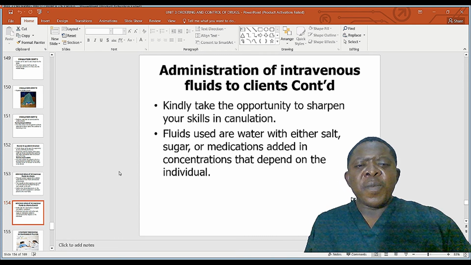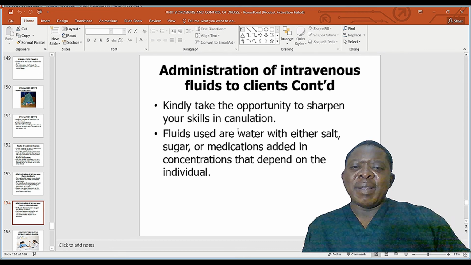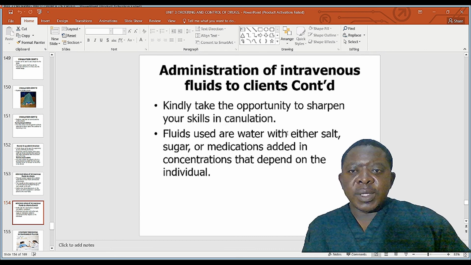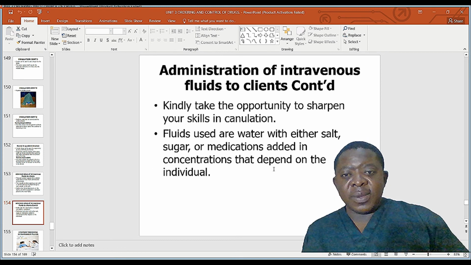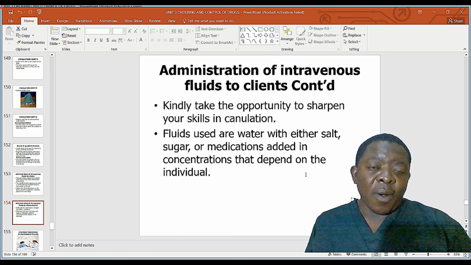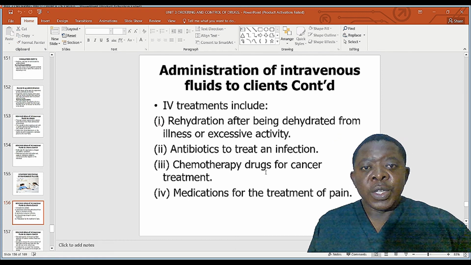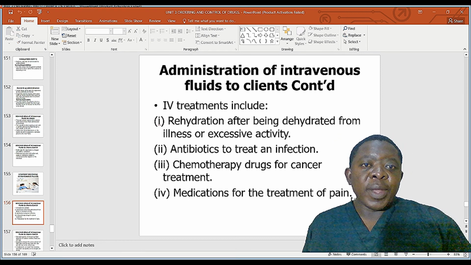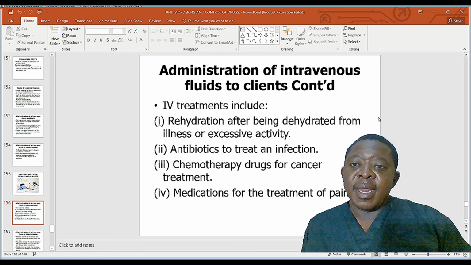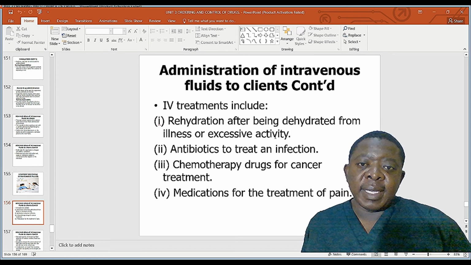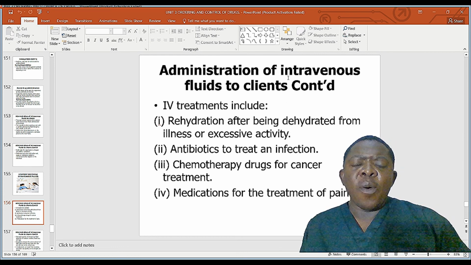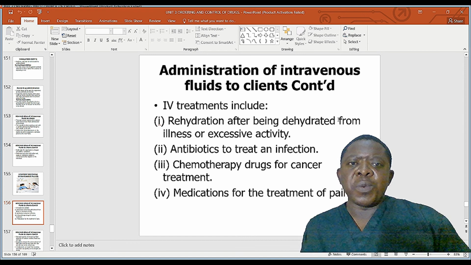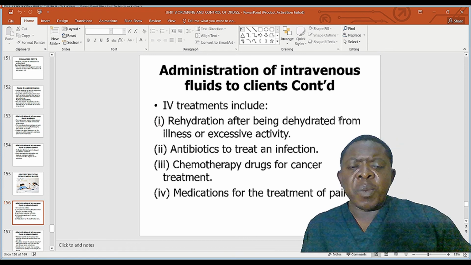The fluids used are water with either salt, sugar, or medication added in concentrations that depend on the individual. IV treatments may include rehydration after being dehydrated from illness or excessive activity. So what are some of the reasons why we give IV fluid?